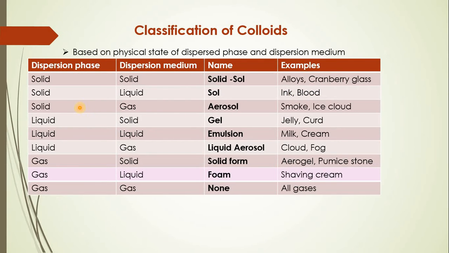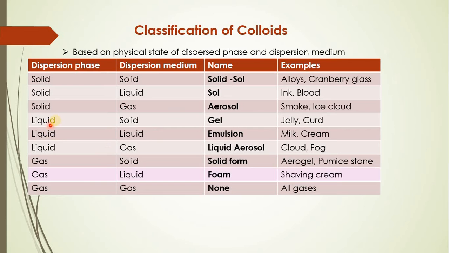In the same manner, if the dispersion phase is solid and the dispersion medium is gas, then what we get as a colloid is called an aerosol, and the example is smoke or ice cloud.